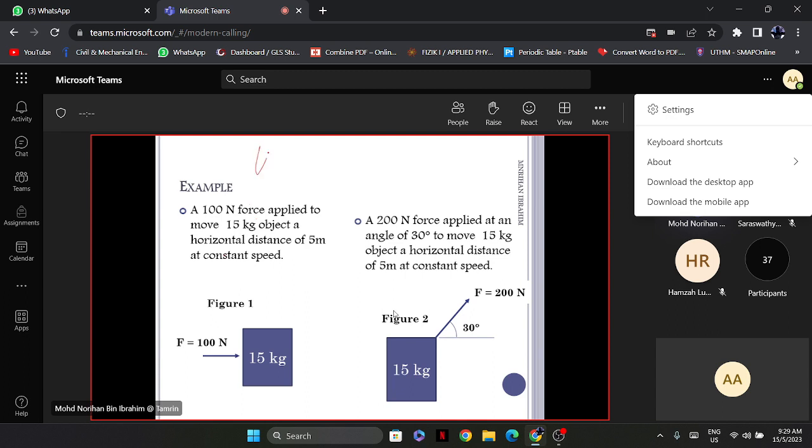So U is equal to F kalikan dengan D kalikan dengan cos theta. In this case, F is equal to 100 Newton. D is equal to 5 meter. So F adalah 100, D adalah 5. Kan?